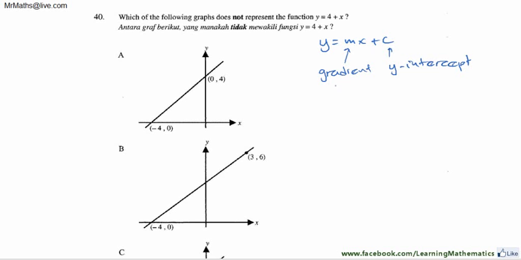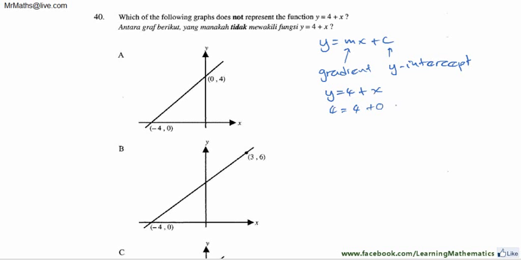Or we can also figure it out by equating, right? Because y is 4 plus x, we can test the point of each coordinate. So say this is 0, 4. Then y is 4, then x is 0.